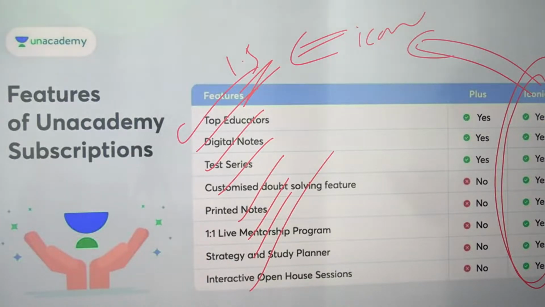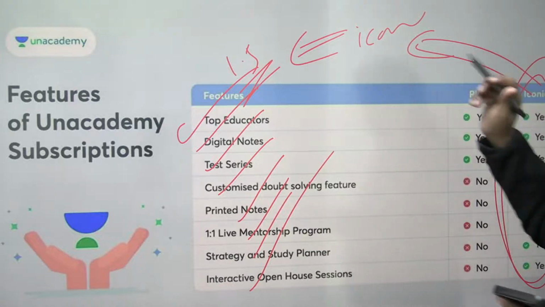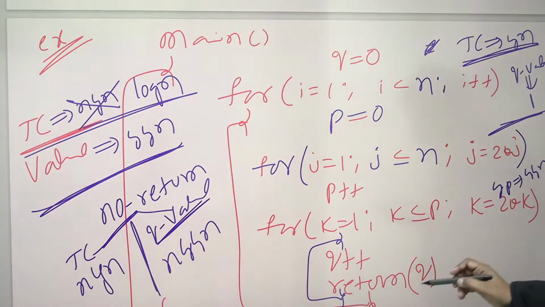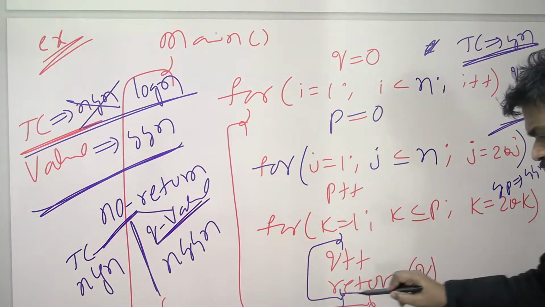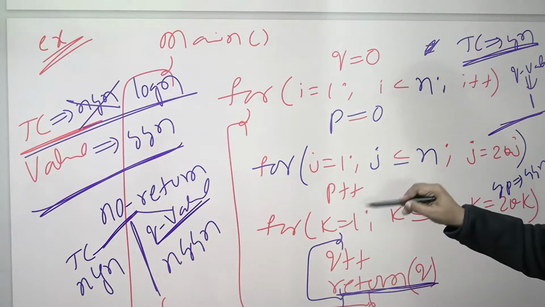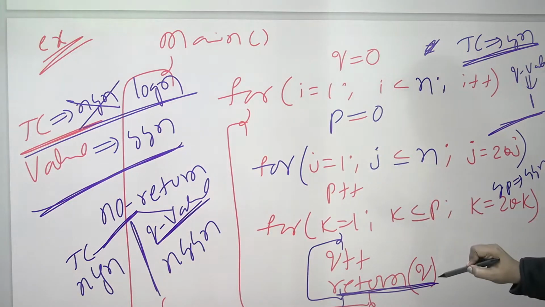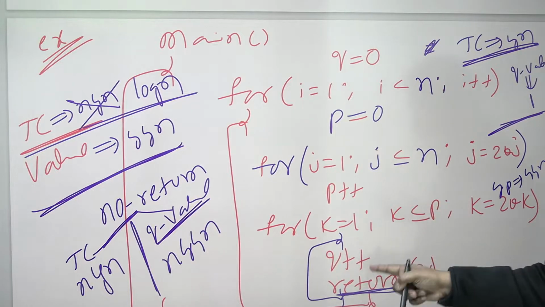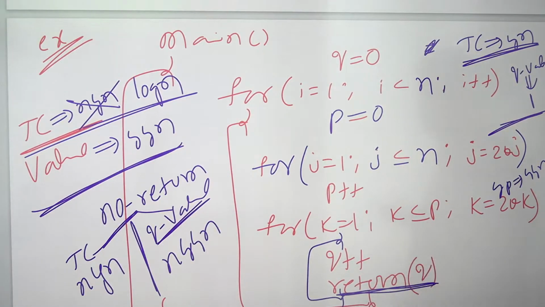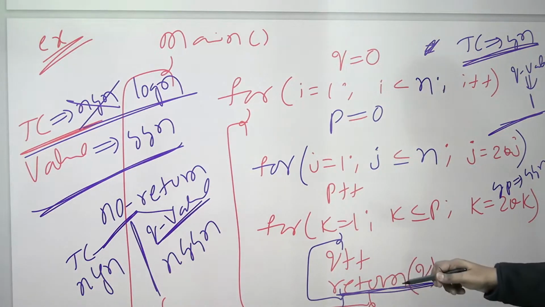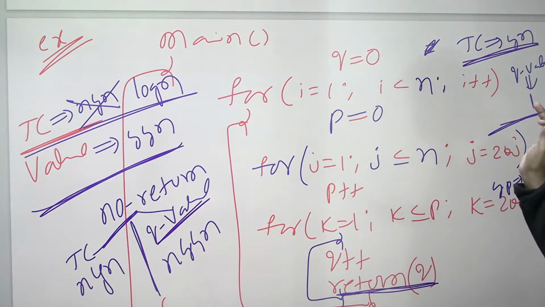So Sai is saying something. Sai, let me go to your problem. See this one. Because there is a return, when K value is 1, the return happened. So this K loop will execute one time only. One time means Q value is 1, because afterwards the return means this particular program is out.